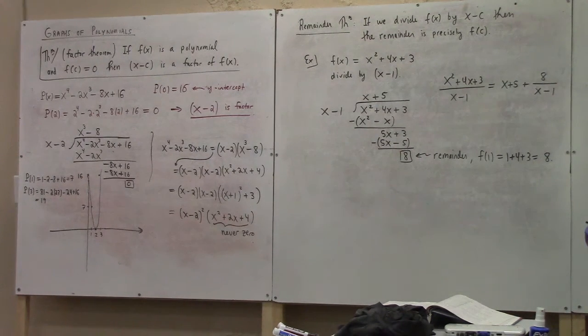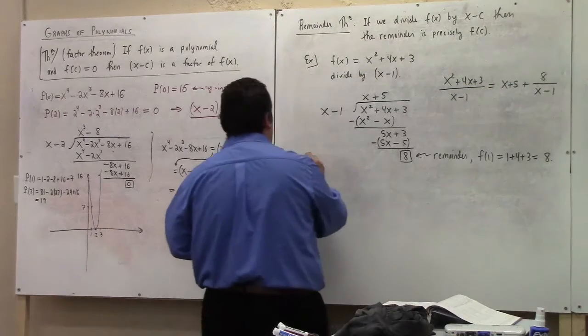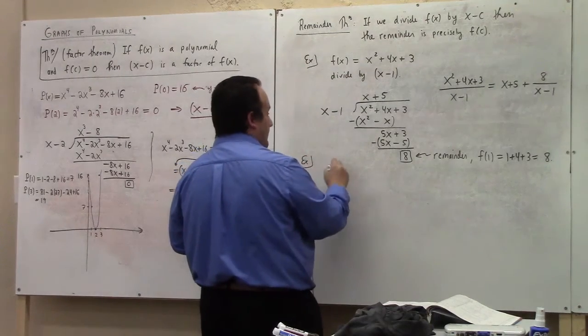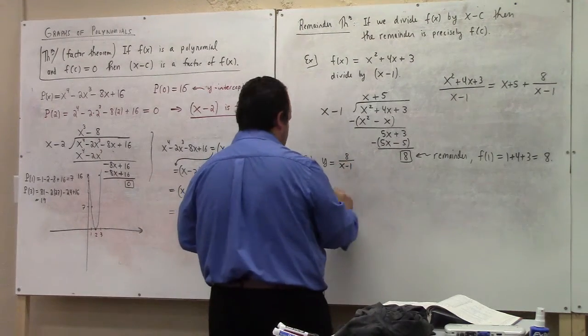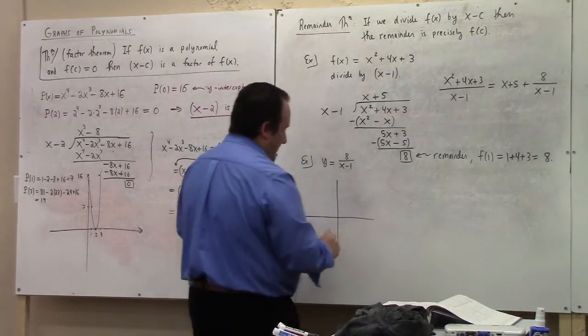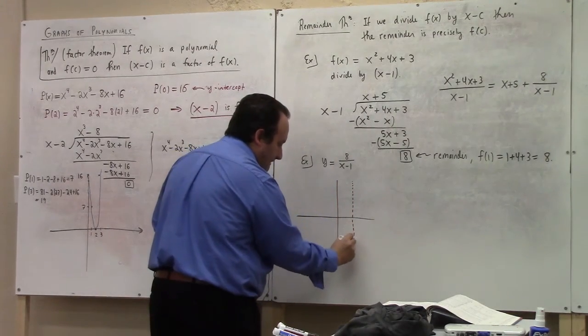But some people in pre-calculus might cover something called a slant asymptote. So if we just had y equals 8 over x minus 1, that's easy enough to understand. You just have a vertical asymptote at x equals 1. All right?